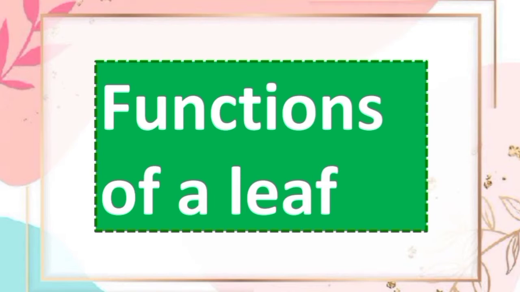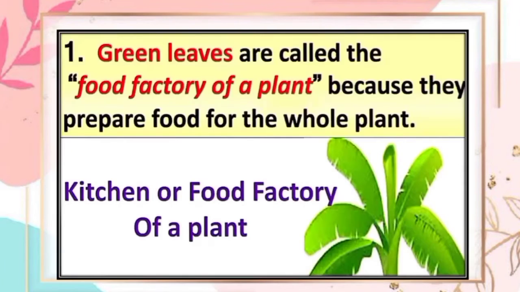Because of this, chlorophyll is very important for the plants and also for animals and human beings, as we are also dependent on plants. So it helps the plant to make its own food, like different vegetables and fruits for children.